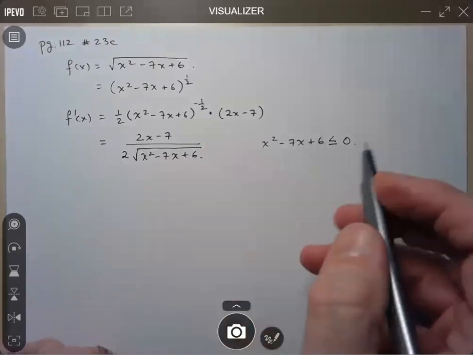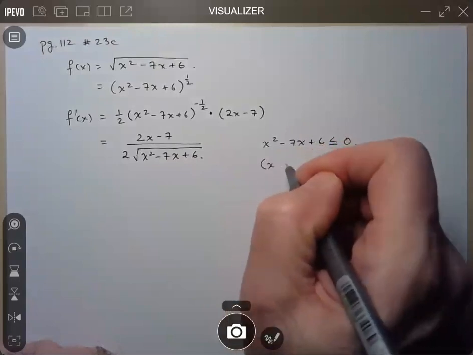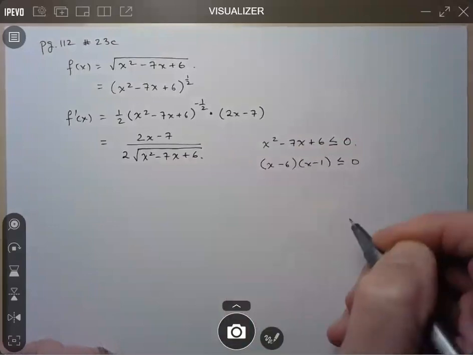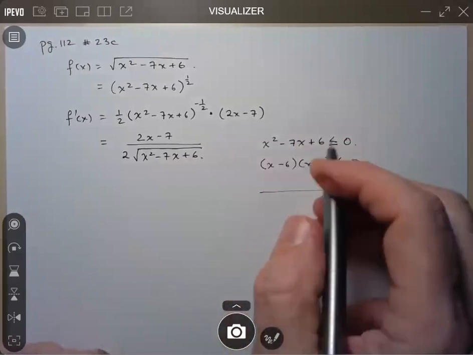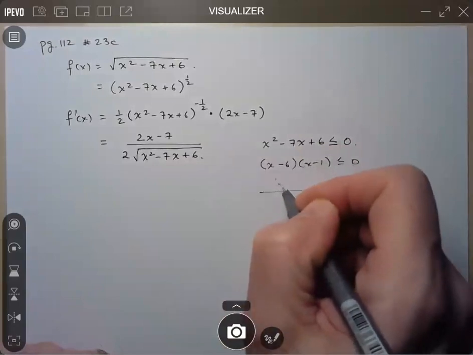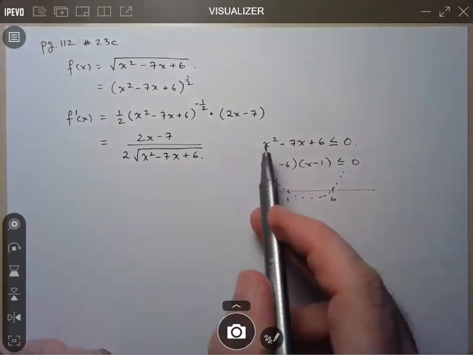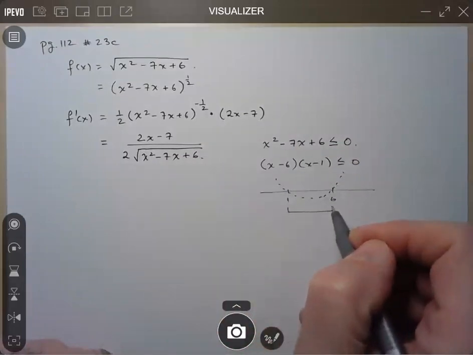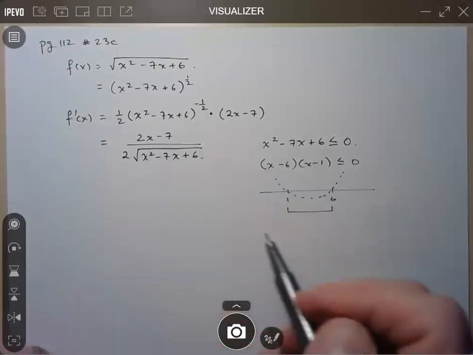Okay, and this is a fairly easy problem because it's factorable. So here we have x minus 6, x minus 1. And of course, how do we solve these inequalities? We just draw ourselves an easy graph, because we know this function behaves like this. Since it's a quadratic opening up with these zeros, everything between 1 and 6, including 1 and 6, are where this derivative doesn't exist.